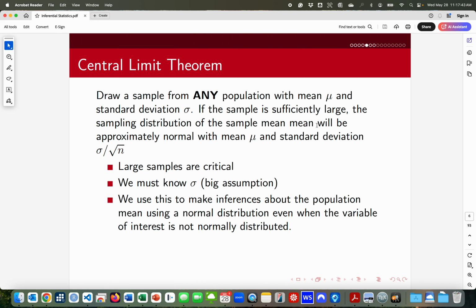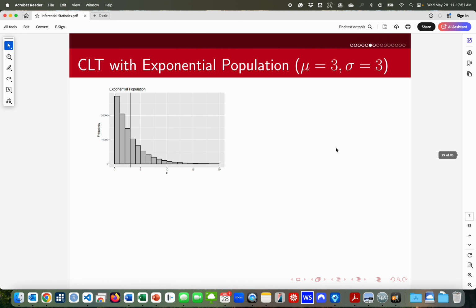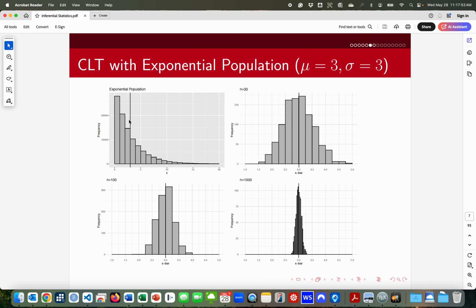The sampling strategy also needs to be correct with randomness and all of that, but large samples are the main thing we're going to focus on right here. So central limit theorem says even if the underlying distribution isn't normal, the sampling distribution of the sample mean will be approximately normal with the same mean and a standard deviation that gets smaller and smaller as the sample size increases.